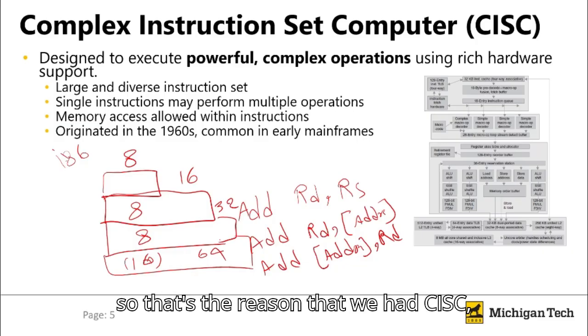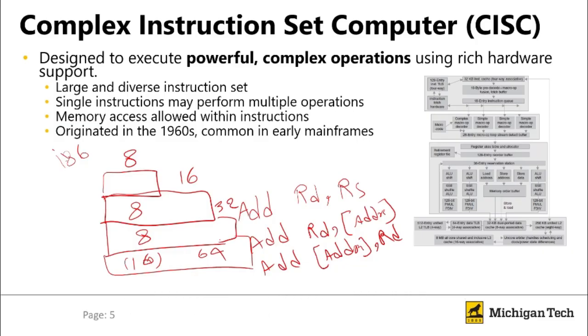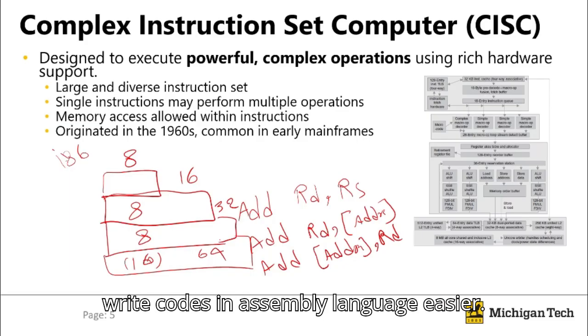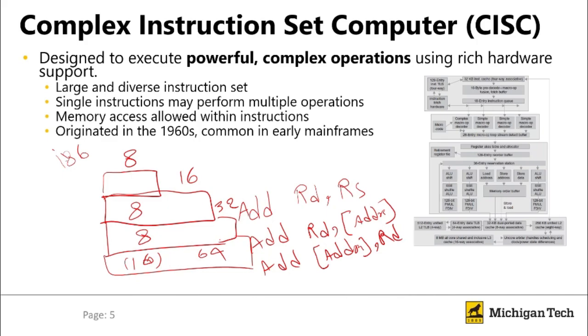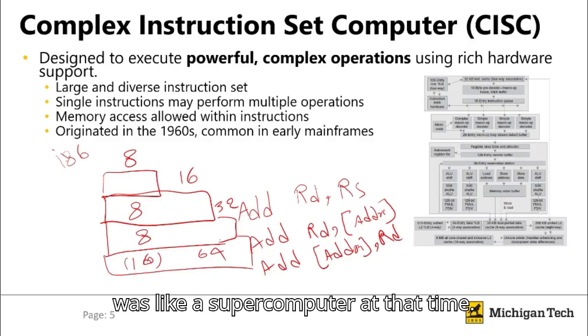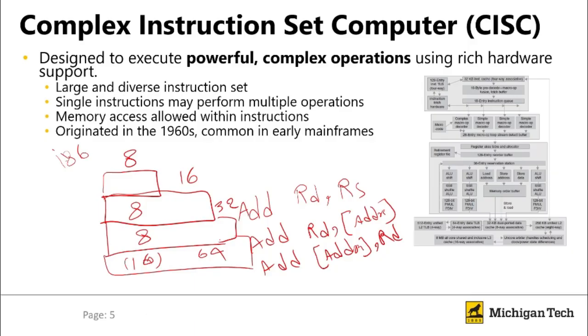Okay, so that's the reason that we had CISC, to help programmers write code in assembly language easier. So this originated in 1960, and a mainframe computer was like a supercomputer at that time.